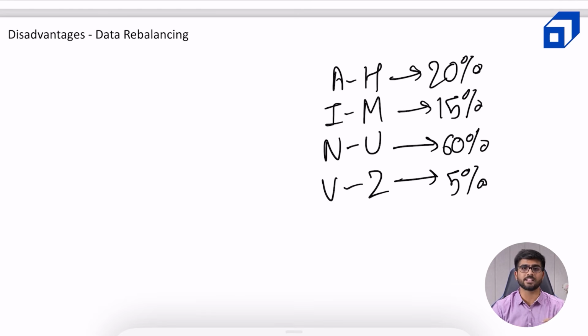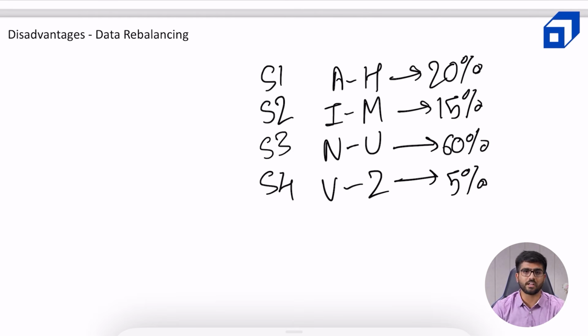Now, if there is highly skewed data in one shard, then the ultimate motivation of scaling our database fails, because most of the read and write requests again are going to shard 3 only. Let me just write the shard names. So most of the requests are again going to shard 3, which defies our purpose.